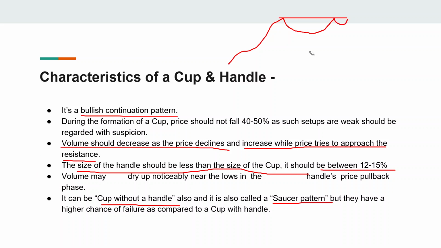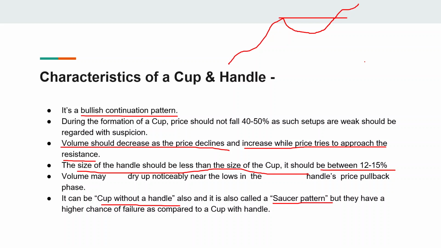It sometimes will just form the cup and start heading higher. Although the probability of such setups is low and they are weaker as compared to the cup with a handle, sometimes this formation is formed. I'll show you some examples next.